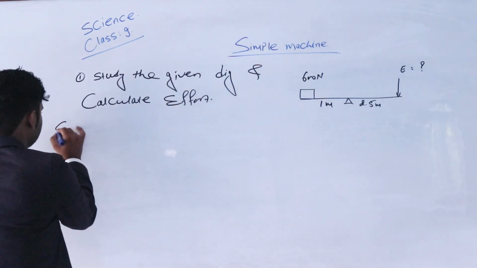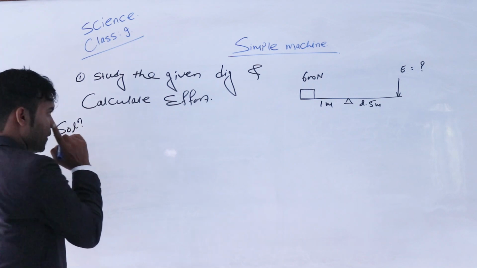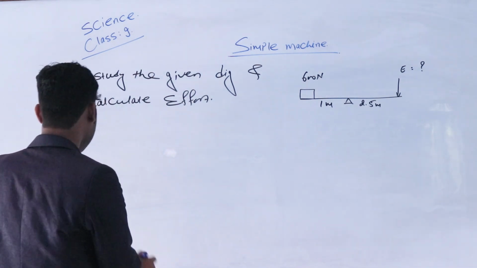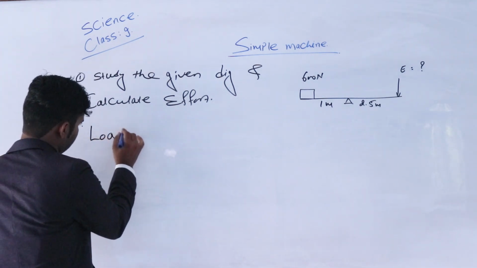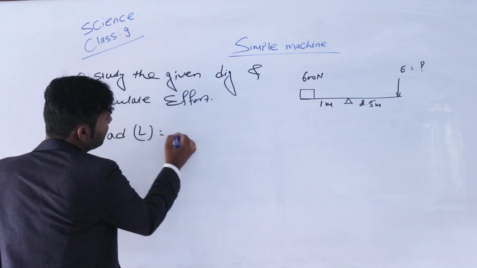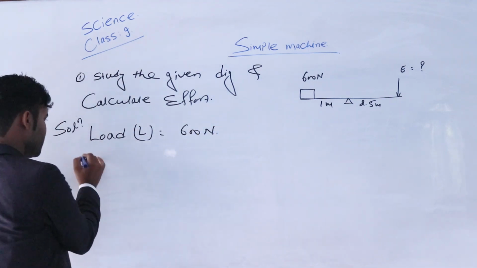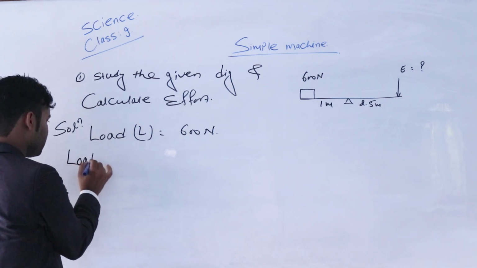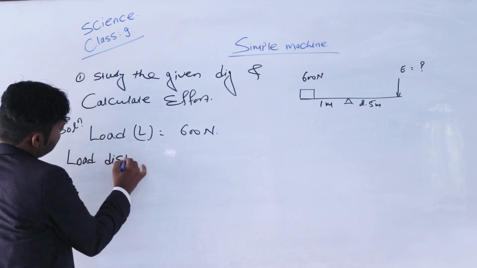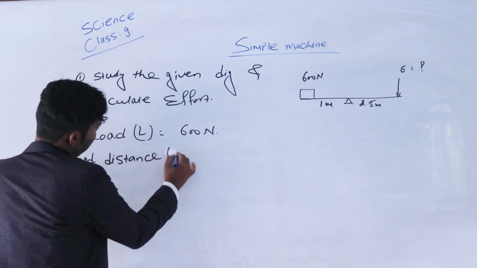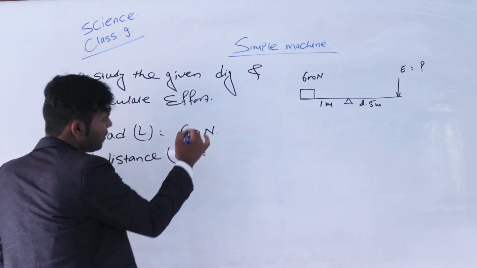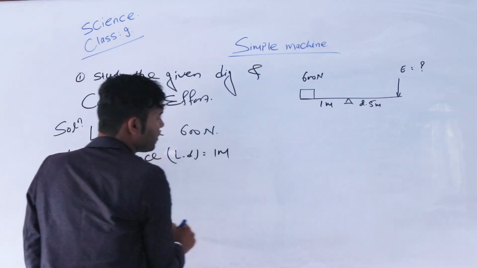Solution. Look here. Load L is equal to 600 Newton. Load distance LD is equal to 1 meter.